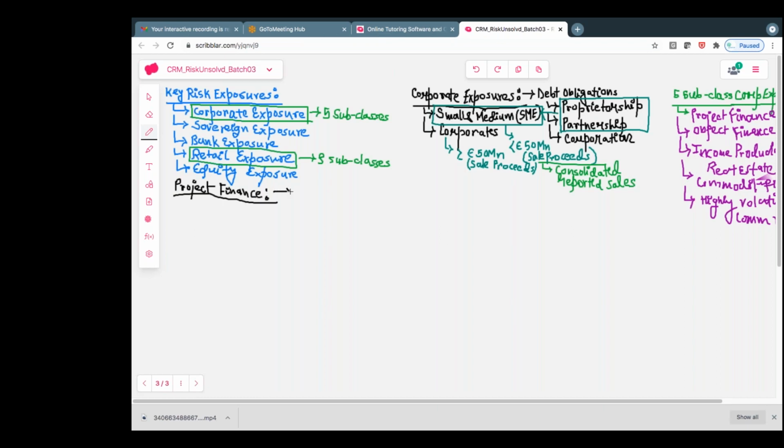In project finance, a typical project, a specific project, is financed.